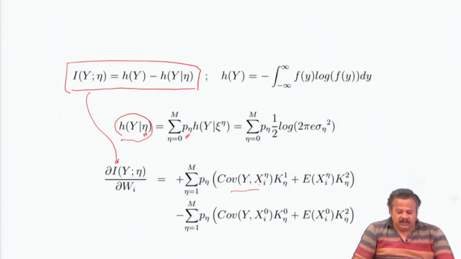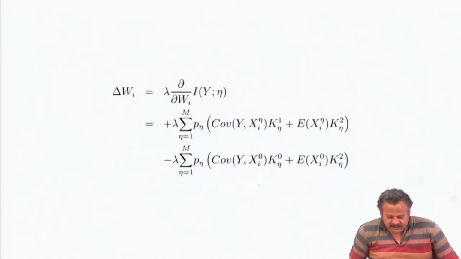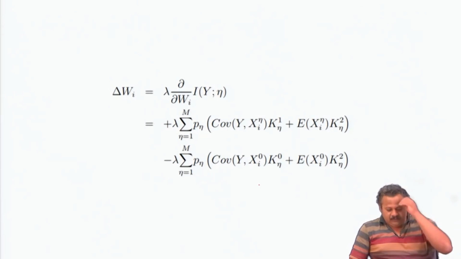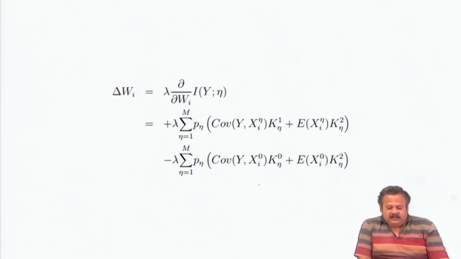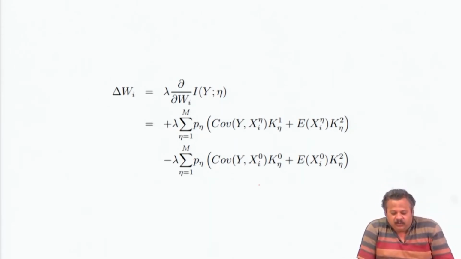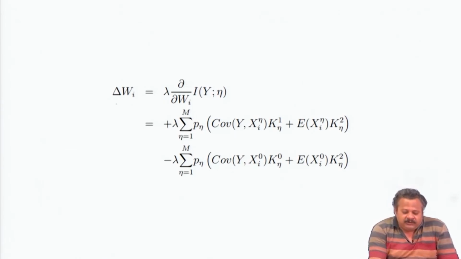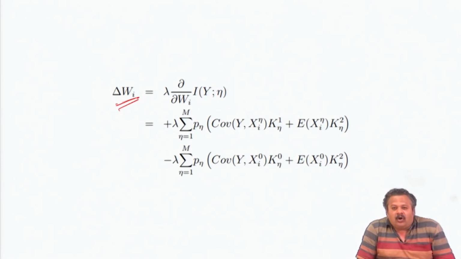It shows that if we have to keep on increasing the mutual information, then the weights have to change, the delta w has to change, along the gradient of this mutual information, I(y given eta).